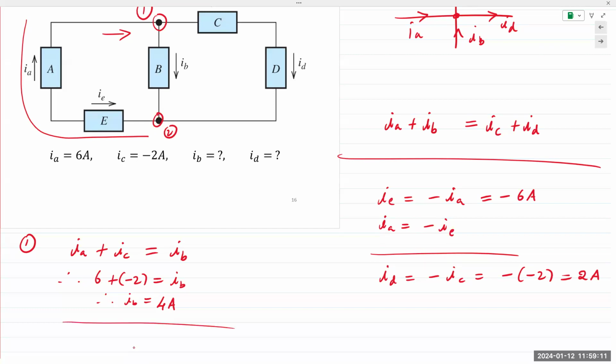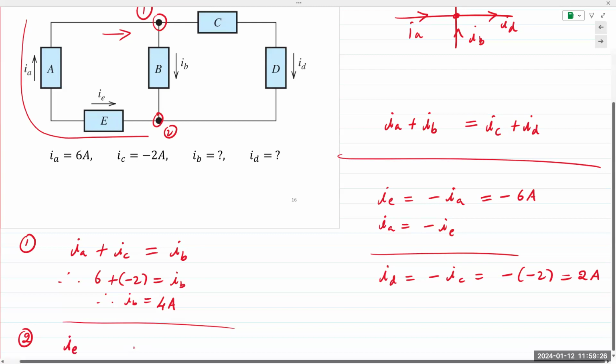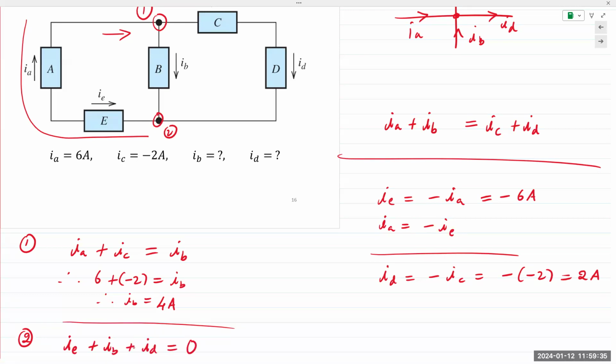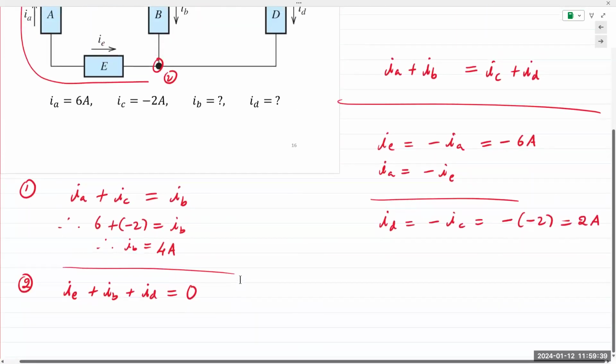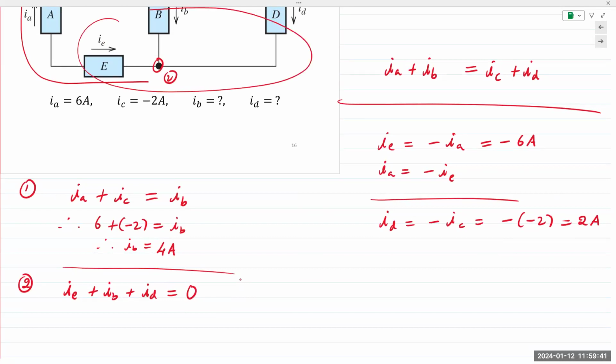If I apply KCL at junction 2, what do you see at junction 2? Die Hard 4 again. You have IE entering, IB entering, and ID also entering. They all sum up to 0. So again, junction 2 is right here.